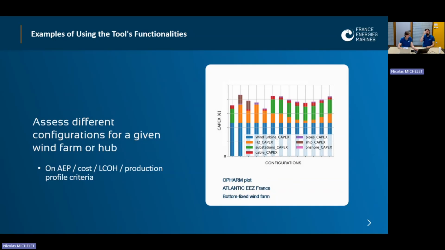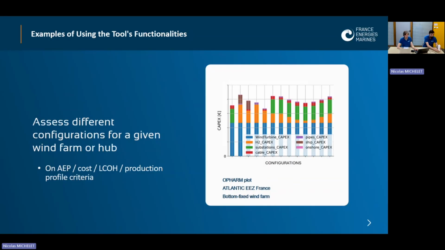So, this assessment can be done on different kinds of criteria. It can be done on the annual energy production, where energy can be electricity or hydrogen, on cost, on LCOH or LCOE, or on production profile, as Nicolas showed. And here is an example of a plot that we had through the OFARM project.